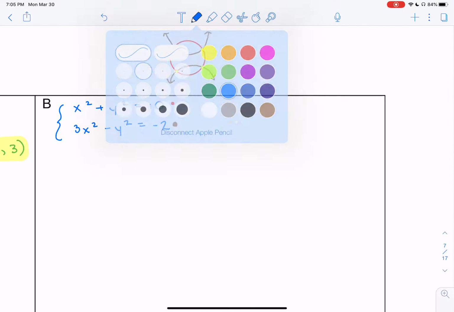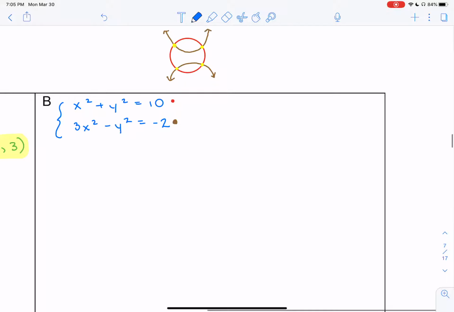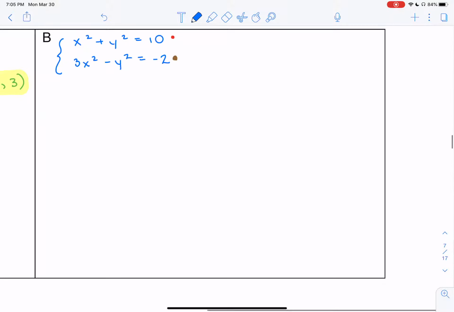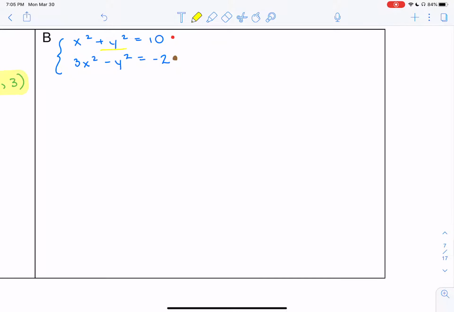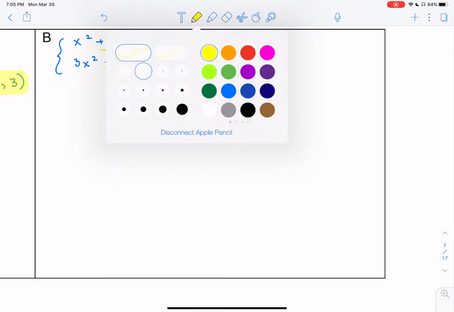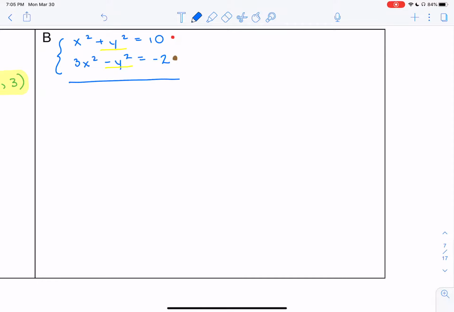Okay, so heading back down to the equation, algebraically speaking, I'm zeroed in on the fact that I have a positive y squared and a negative y squared. I'm very excited to see that because I can just add straight down and those two things are going to cancel. So that's my first step, is adding straight down.